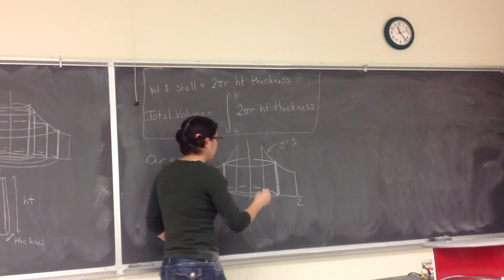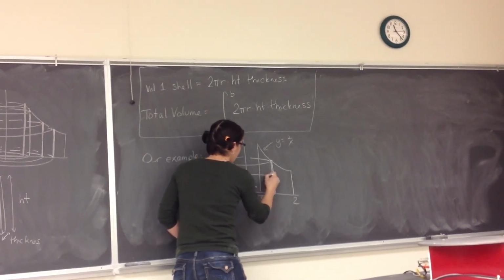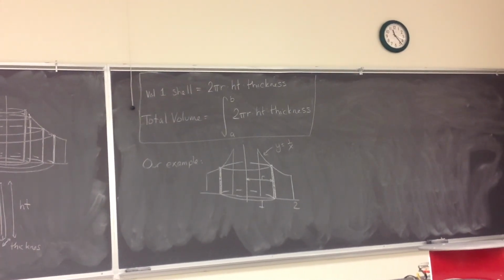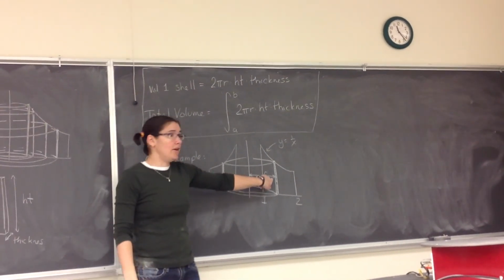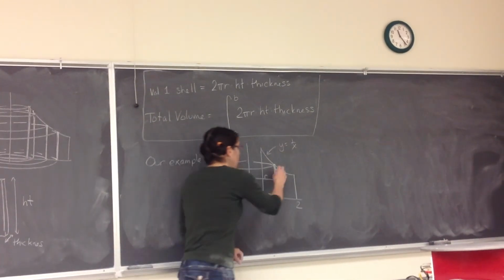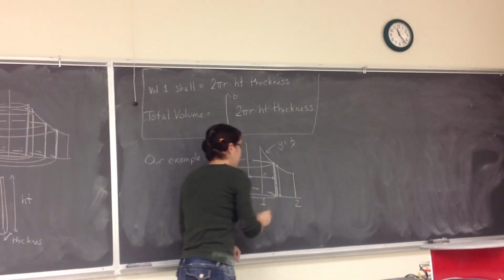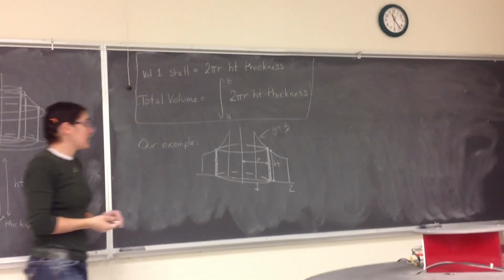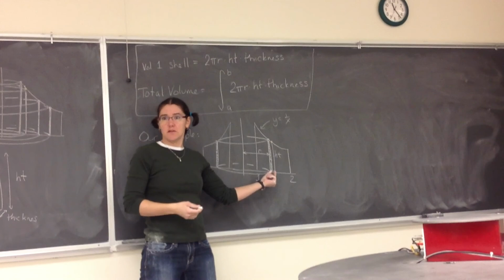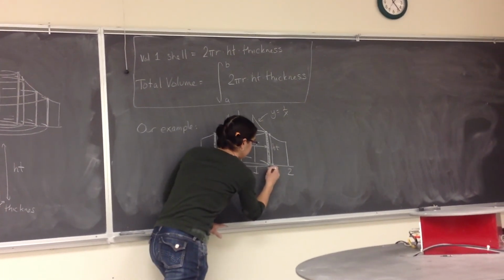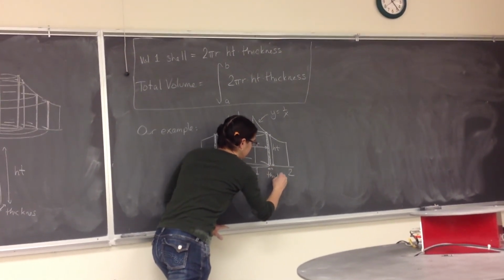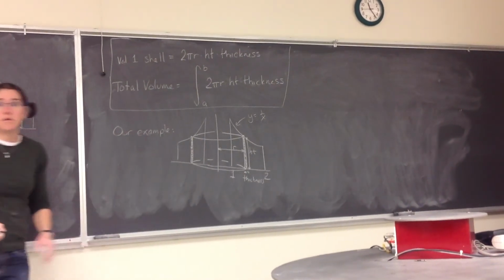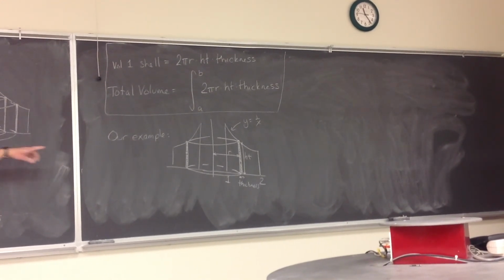So in terms of our sample shell, we've got a radius, which goes from our axis of rotation out to the wall of the shell. We've got a height, which is the height of the rectangle. And we've got a thickness, which is the thickness of the wall, which is the width of our rectangle. Alright, are there any questions about the labels that I have drawn on here?